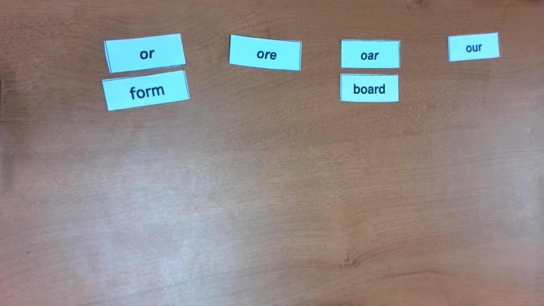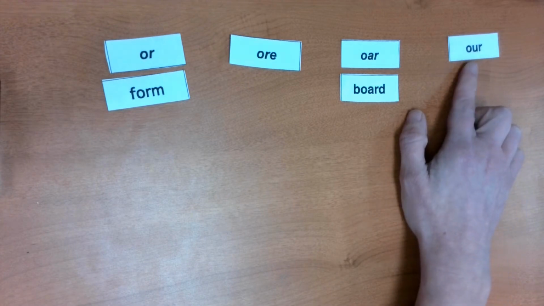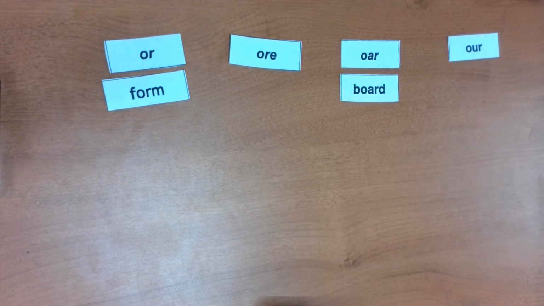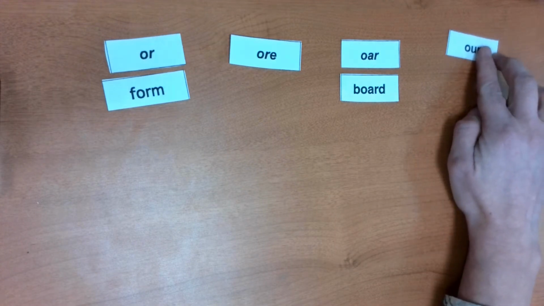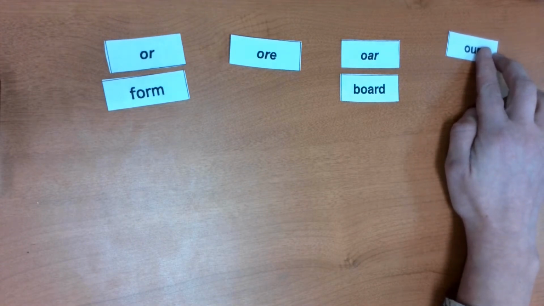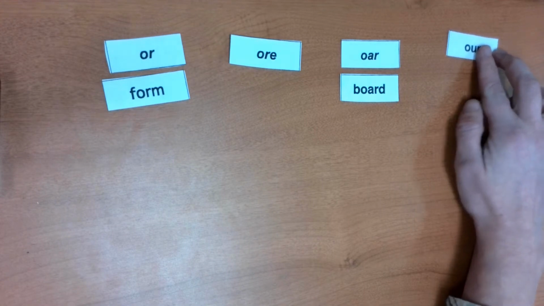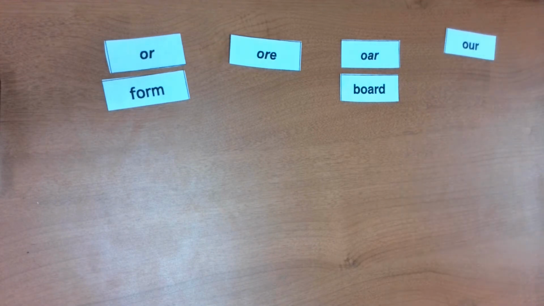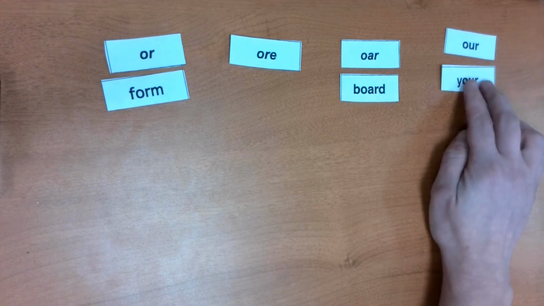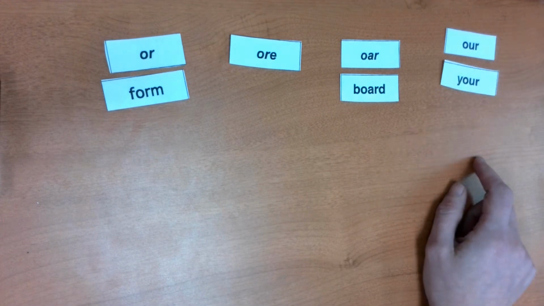The trickiest one for me is thinking about this word part here, O-U-R, okay? When we typically think about OU, we think about out or house, right? OU, ow. When it's followed by an R, it's going to be more like this or sound, okay? Like in the word your, all right? Your book.